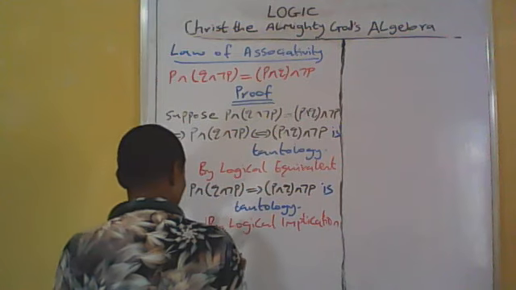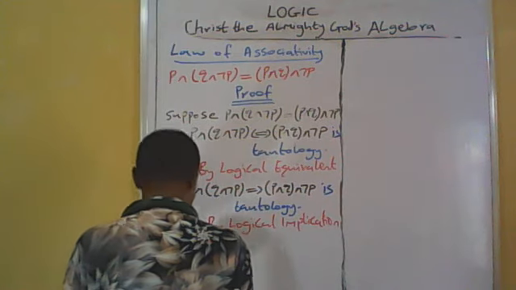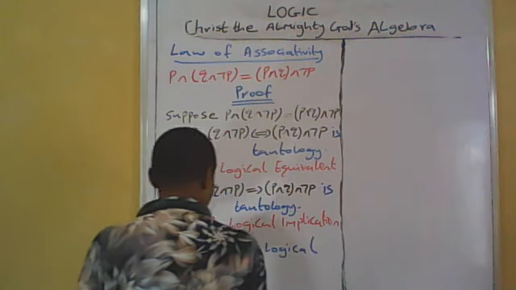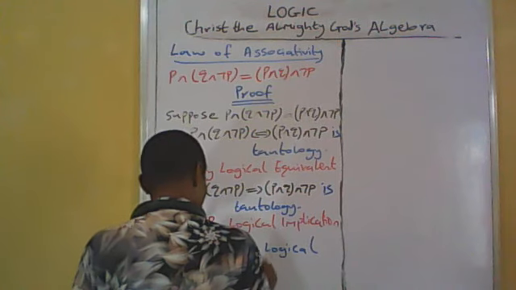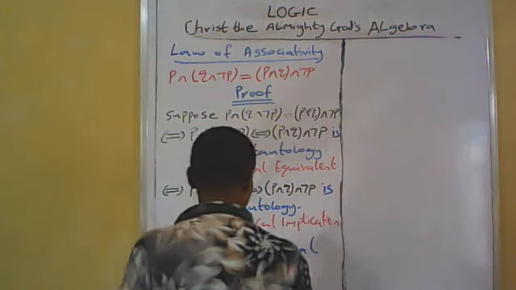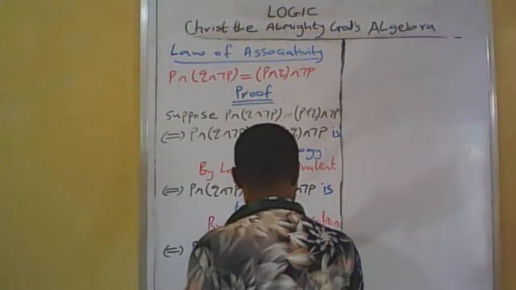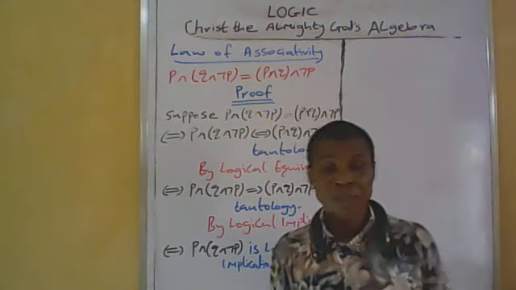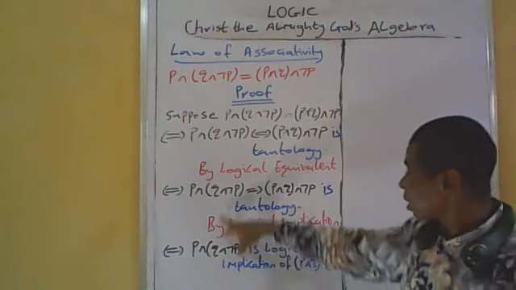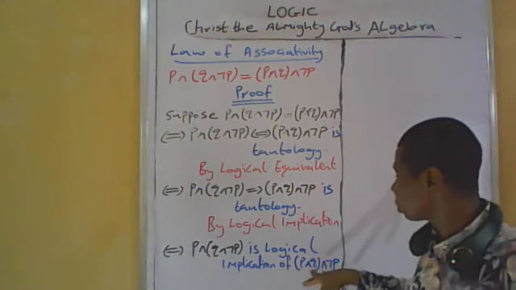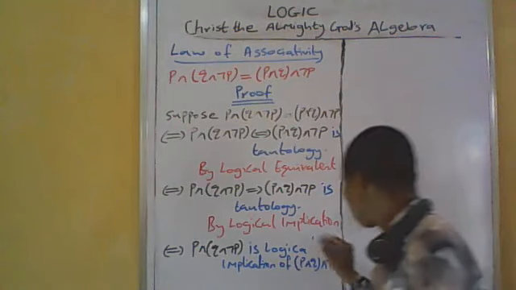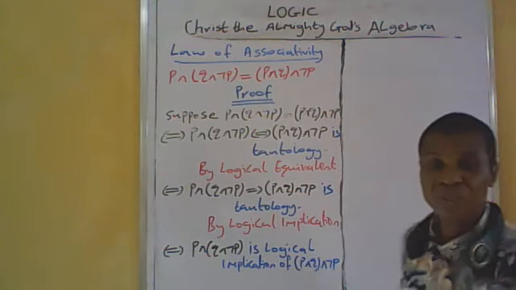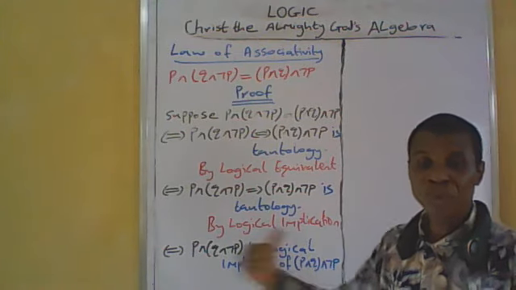P and (Q and not P) is a logical implication of (P and Q) and not P. Yes, we have now derived that the antecedent is a logical implication of the consequent, by the principle of logical implication.